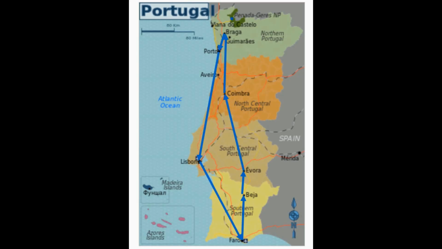Eliminating the crossings, we end up with a route that looks like this: Lisbon first, then Faro, then Beja, Évora, Coimbra, Braga, Porto, and back to Lisbon. The total distance is 1,050 kilometers.